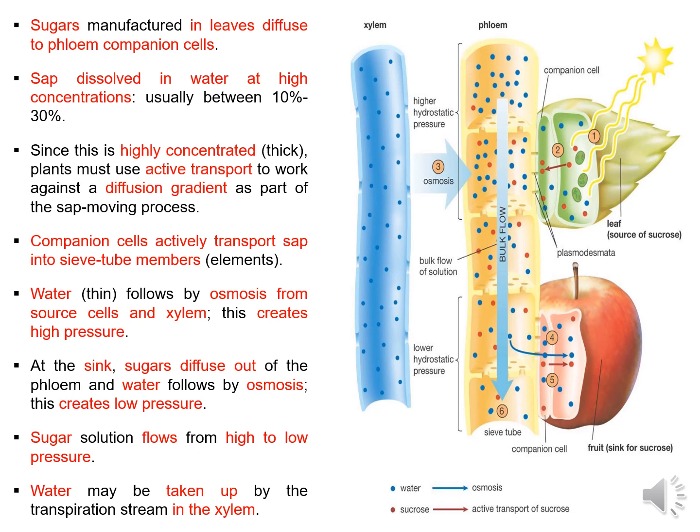There is no longer high concentration or high mass of water in the phloem vessel. Sugar solution flows from high to low pressure, from the source until the sink. And at the end of the day, water may be taken up back by the xylem through the transpiration stream.